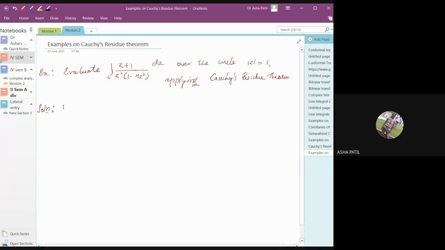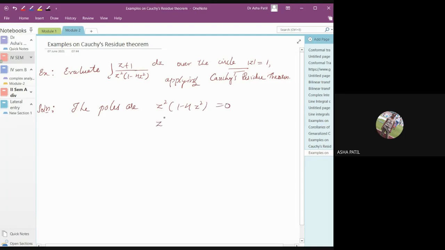So the example is to integrate (z + 1) divided by z² into (1 - 4z²). The circle given is |z| = 1, so apply the Cauchy residue theorem. Let us first find the poles. Equate the denominator to 0.